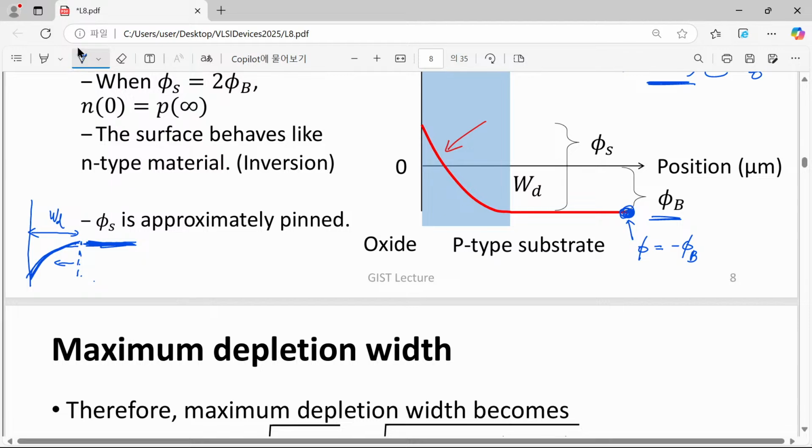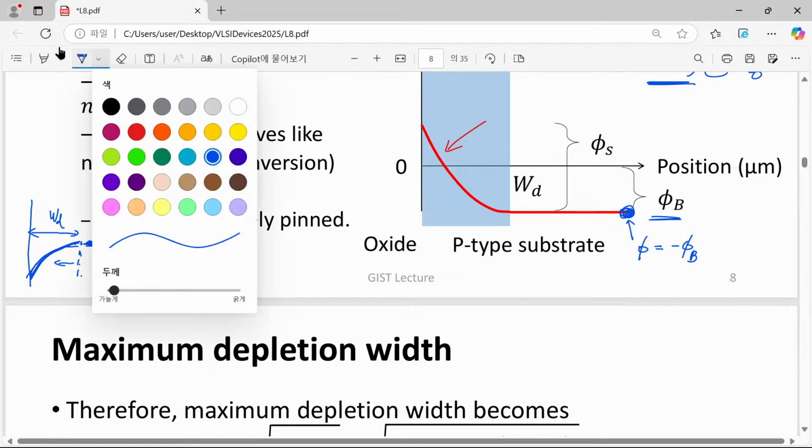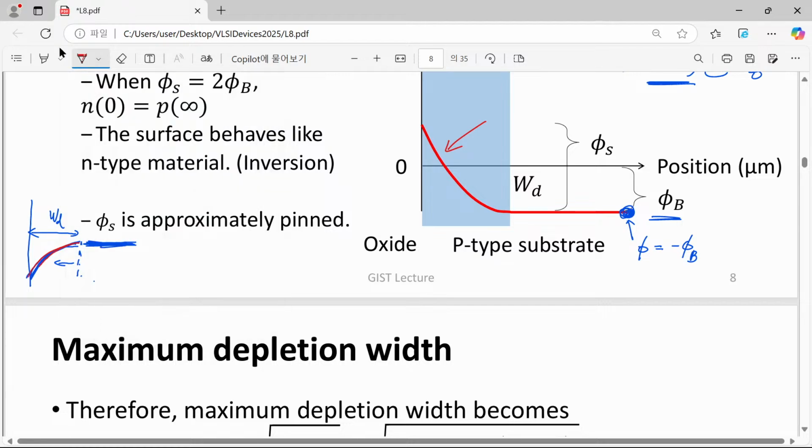But sometimes it is difficult to model this kind of parabolic behavior. Sometimes people say that even though it is parabolic, electrons are almost always found only at this point. Can you find a sufficient number of electrons at this point?